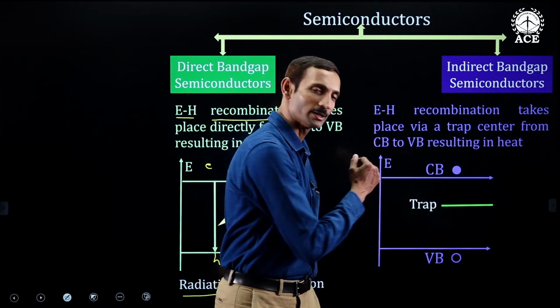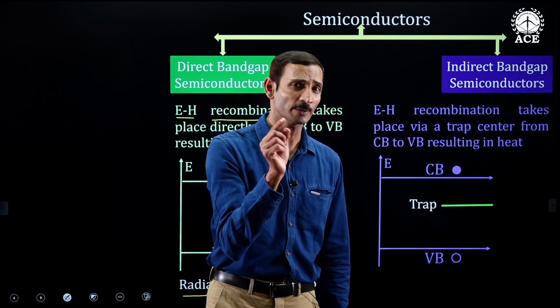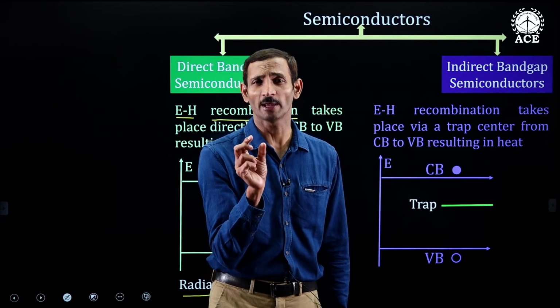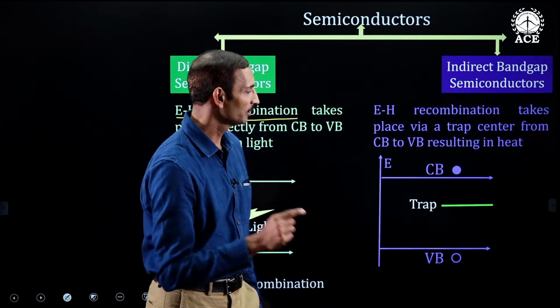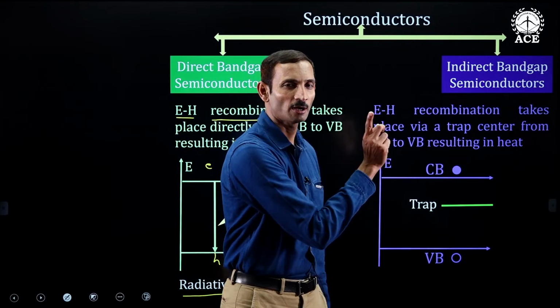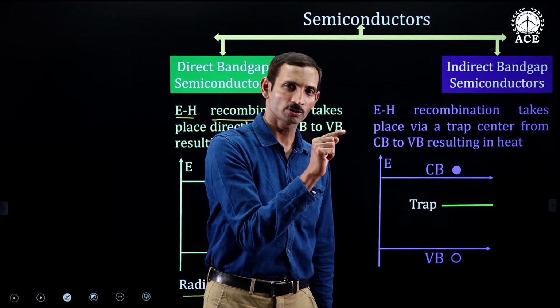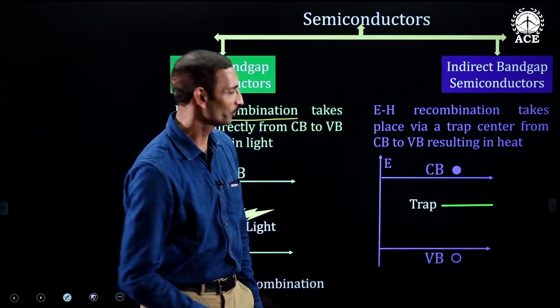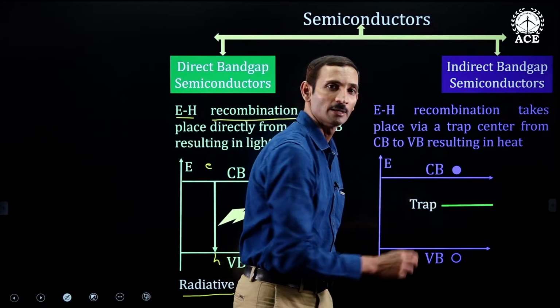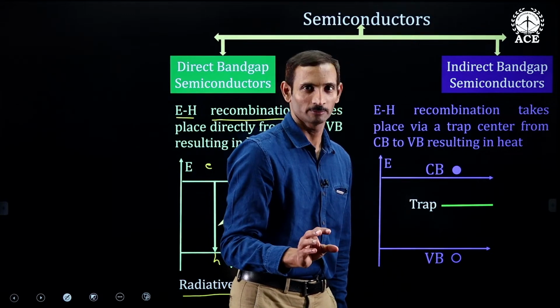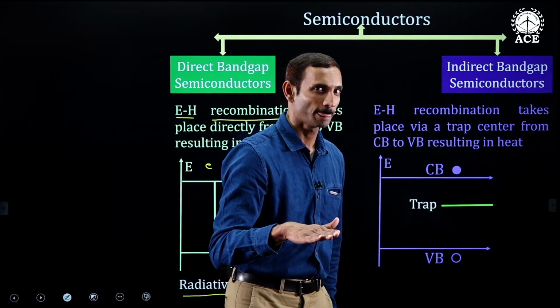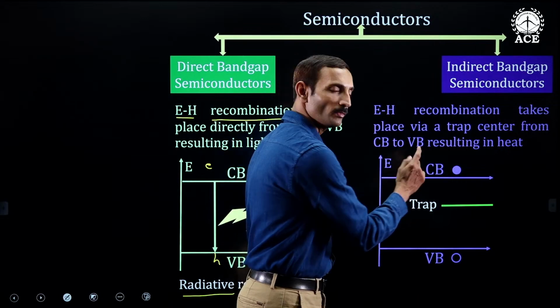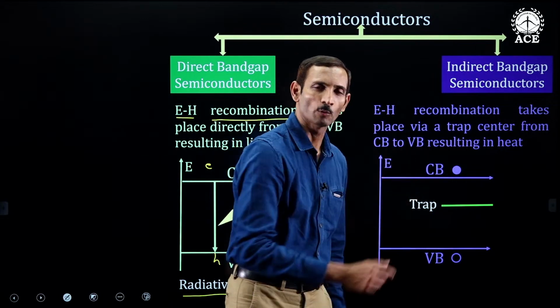The trap center, these impurities, have energies lying between the energies of the electrons and holes of the original material. So a trap is nothing but an impurity having an energy between the conduction band and valence band.